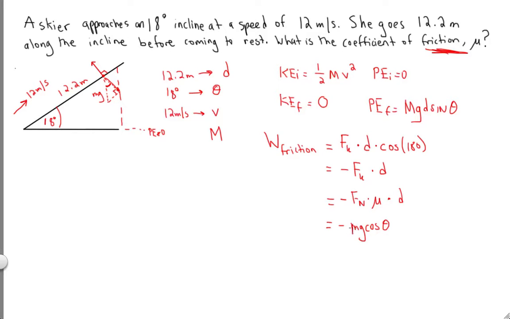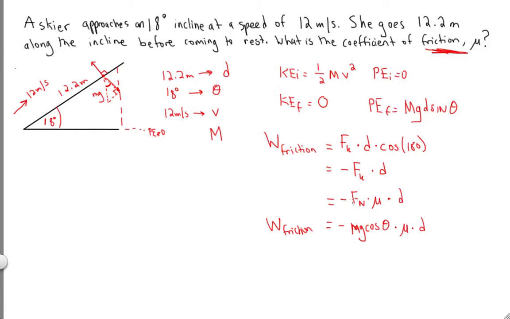Let me just change that to a capital M for now. And again, we're going to keep the mu and the d. Okay, so now we know that the work due to friction is equal to negative mg cosine theta times our coefficient of friction times d.